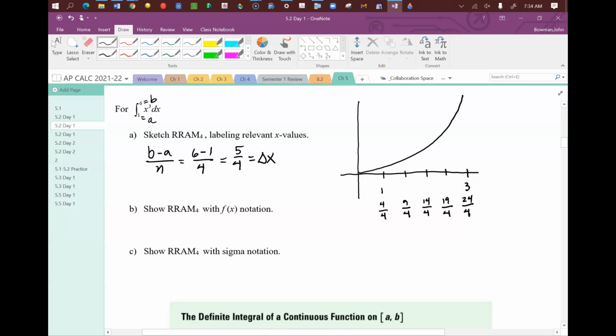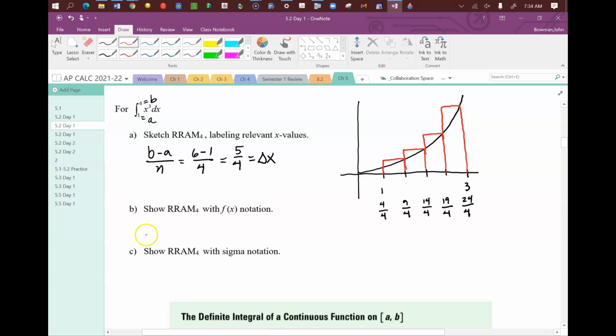And since we are using RAM, we are using the right-hand side of the rectangle to establish each of the heights. And so I'm going to draw those rectangles in there accordingly, and we should have 4 of them because we're using RAM4.